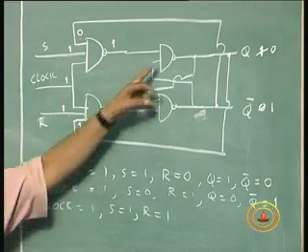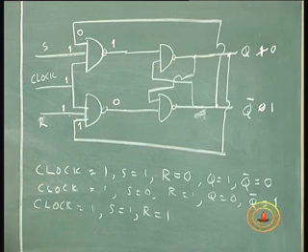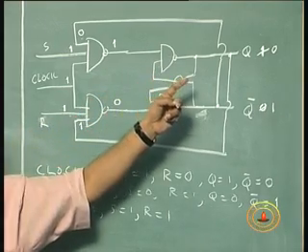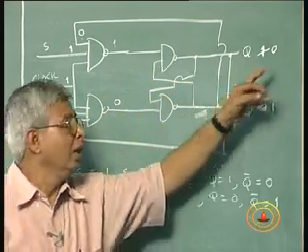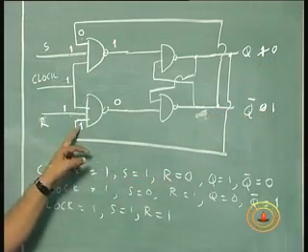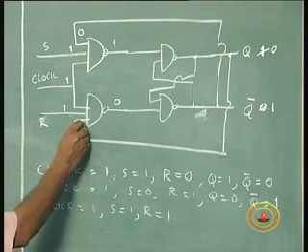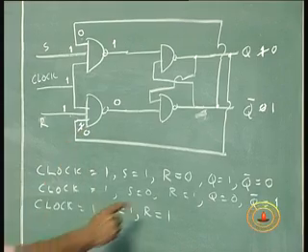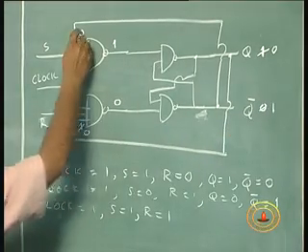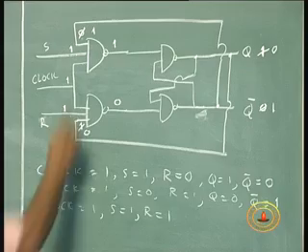So 1 0 at the input of the NAND gate, in the original SR latch, remember, 1 0 was a reset state, so the output is 0 1. Now this 0 gets back into this, changing this 1 to 0, this 0 changes to 1.